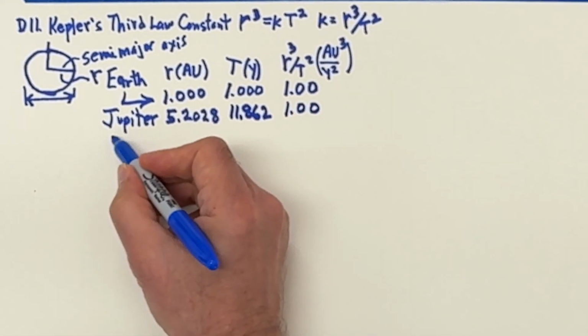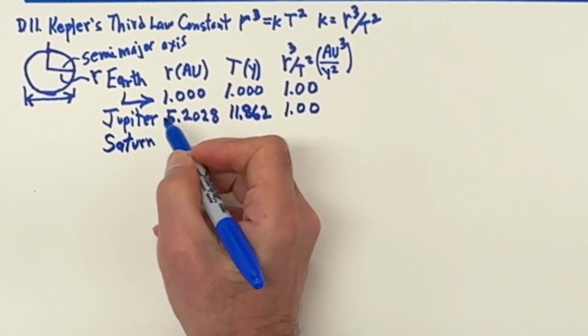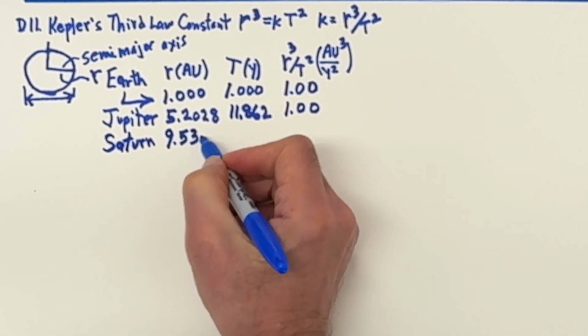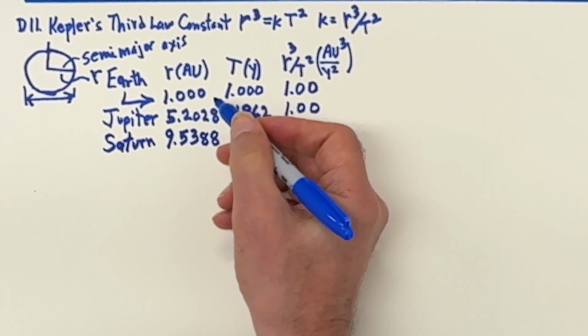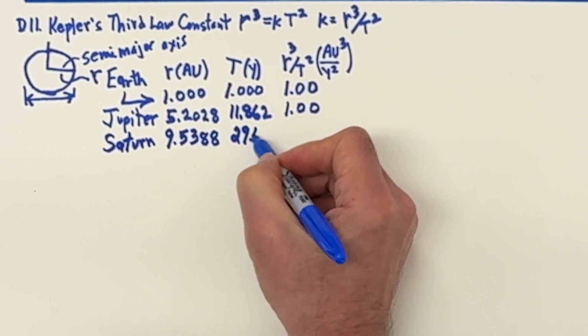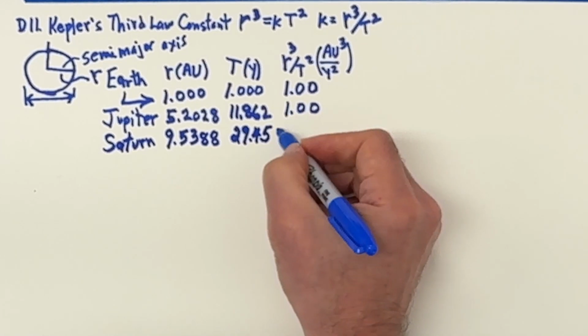And then if we look at Saturn, we have 9.5388 astronomical units at a period of 29.458 years.